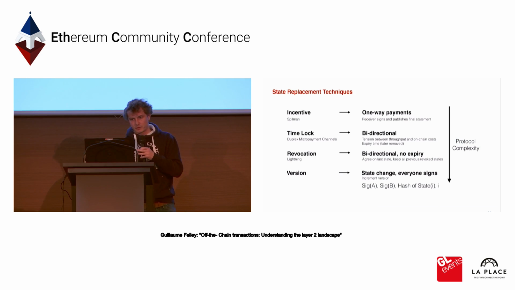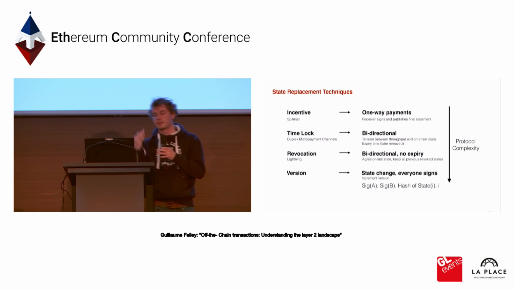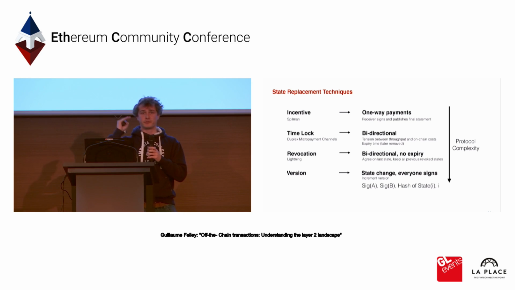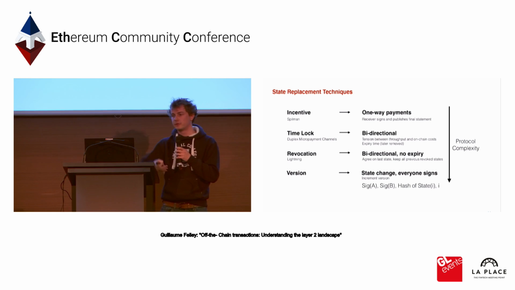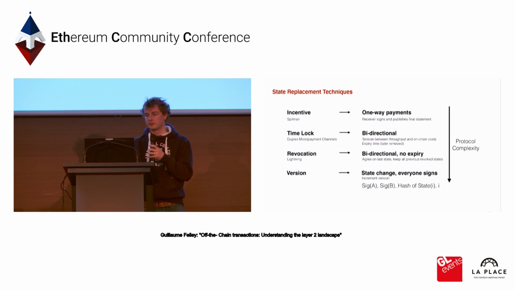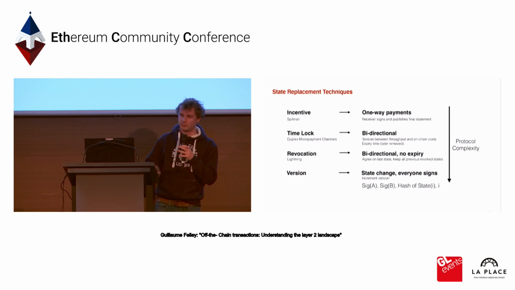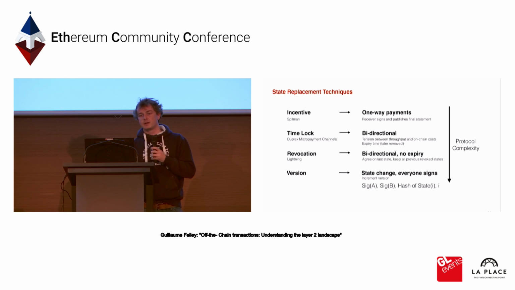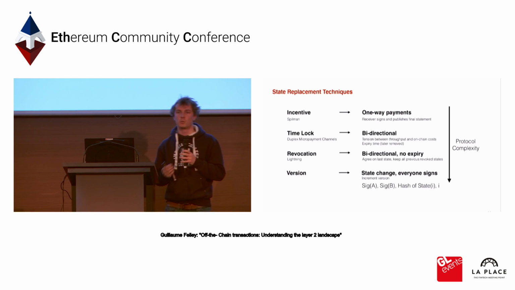And yeah, those are the four state replacement methods that you have, from the simplest to the most complex. Over time, payment channels got more complicated. At the beginning, you had simple incentives, so the one-way channel.